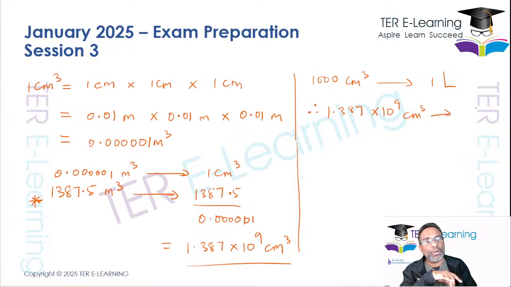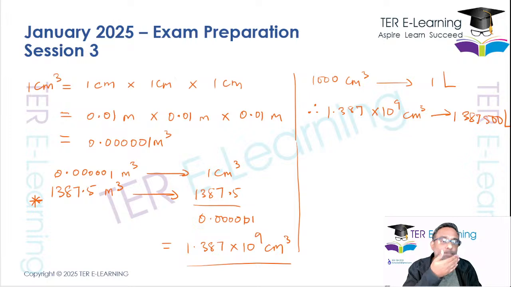So all I'm going to do is take that number and divide it by 1000, and you're going to get this. This is the amount of liters you're going to get. 1387500, right? That's the amount of liters of water in that pool.